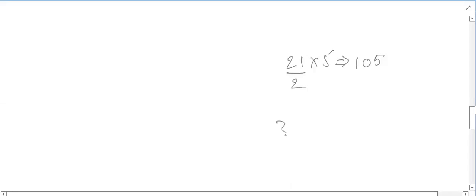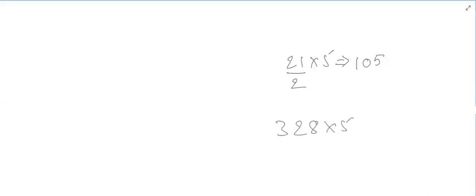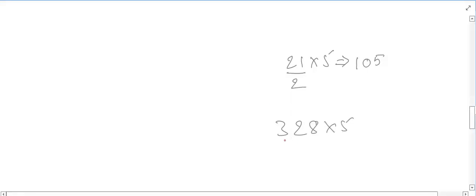Suppose, see here, 328 into 5. I'm dividing this number by 2. Tell me how many times it is? 1 time. Now the remainder is 12. In 12, how many times does 2 go? 6 times. In 8, 4 times.